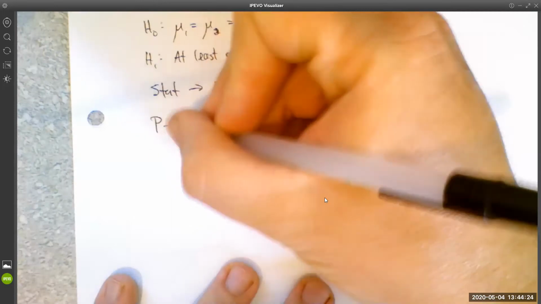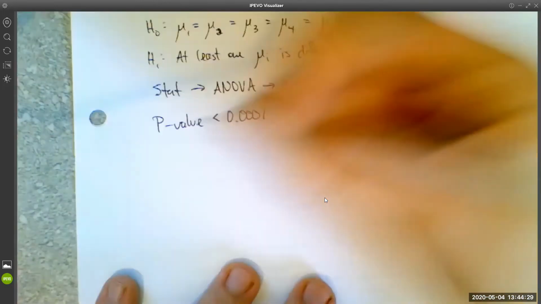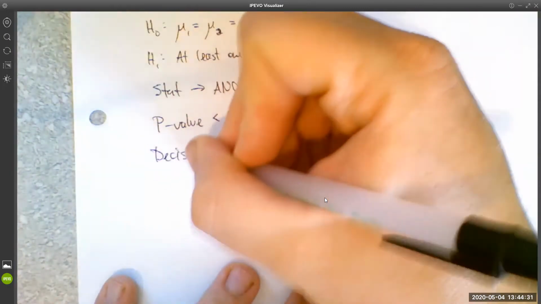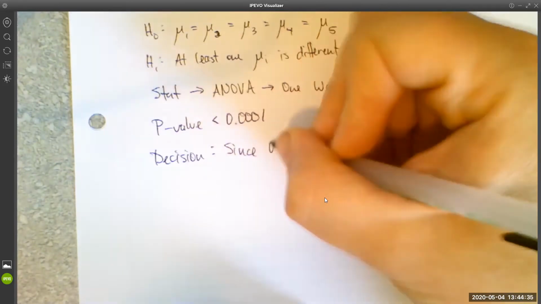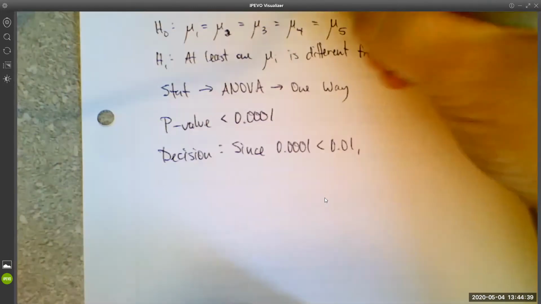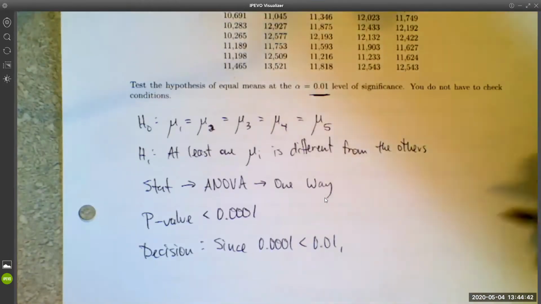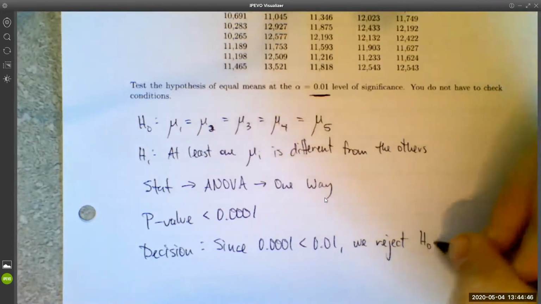So our p-value is less than 0.0001. Consequently, we're going to reject the null hypothesis. Our level of significance this time was 0.01. So we reject the null.